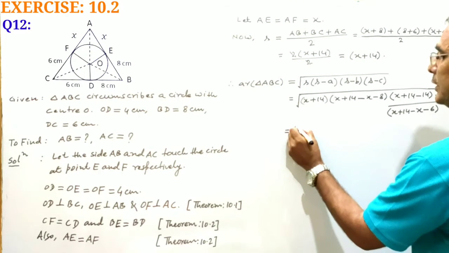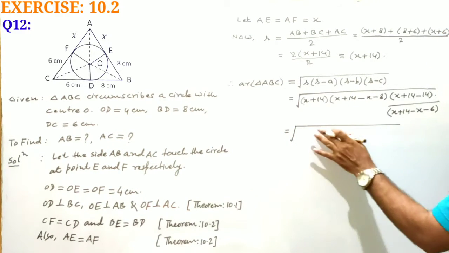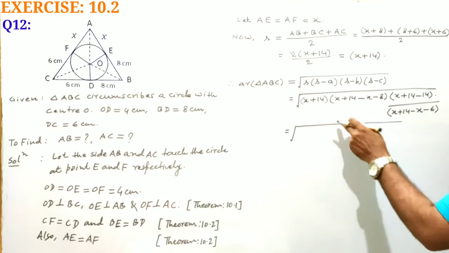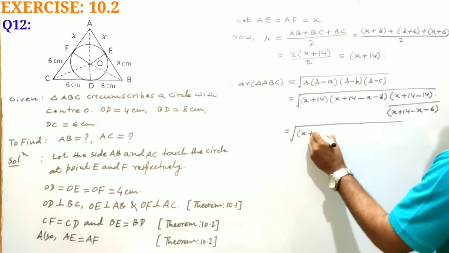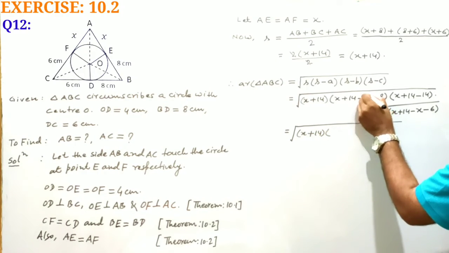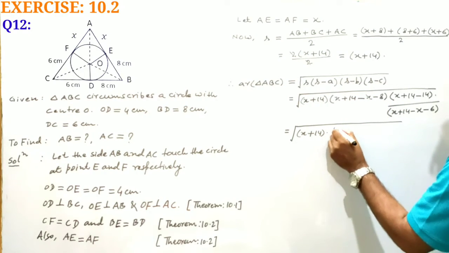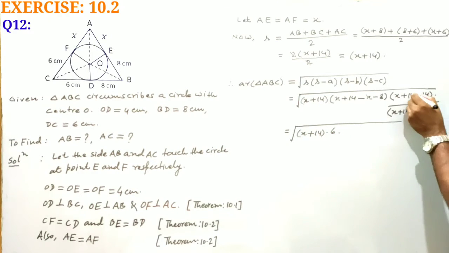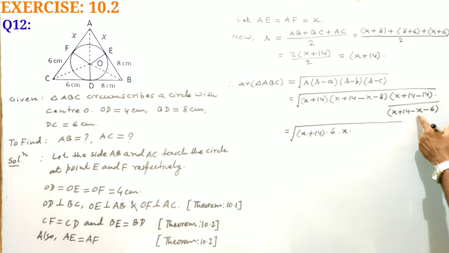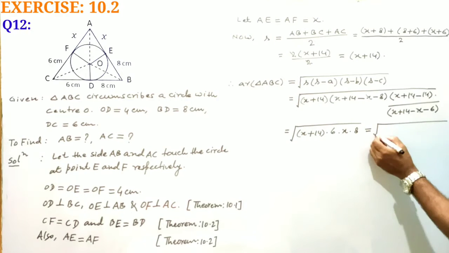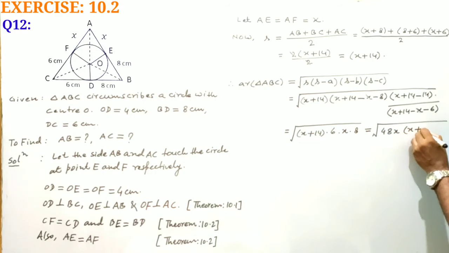this is equal to under root x plus 14 into minus x plus x cancel, 14 minus 8 6, so into 6 into, from here 14 cancelled, so into x, from here plus x minus x cancel, 14 minus 6 8, and this is equal to under root 6 into 8, 48 x into x plus 14.